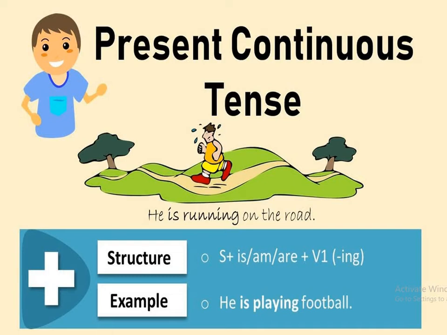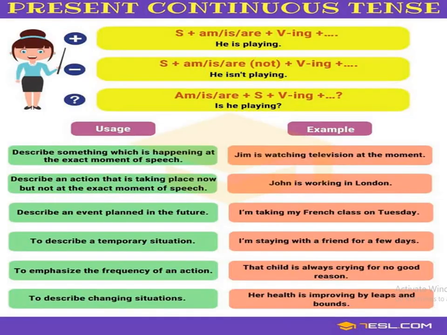Am I clear? I am just repeating the structure again: subject plus the form of be, that is, am, is, are, plus the first form of the verb, but in the ing form. The example is: he is playing football. One more example: he is running on the road.